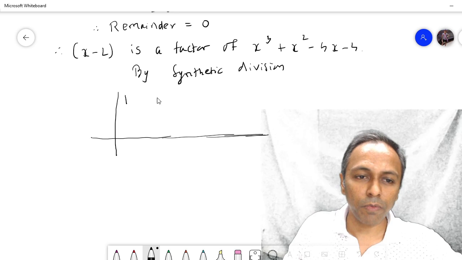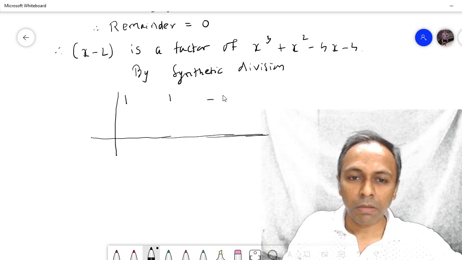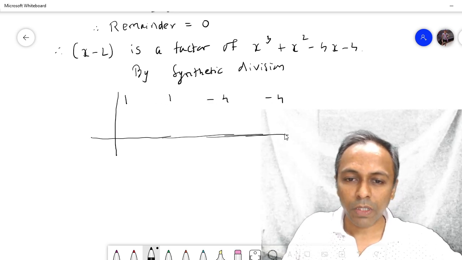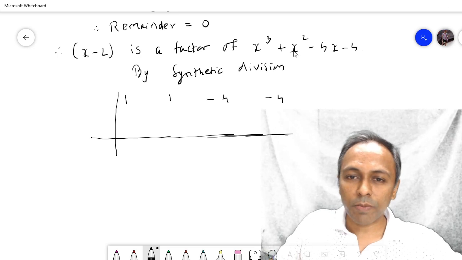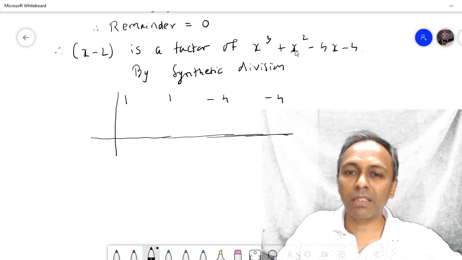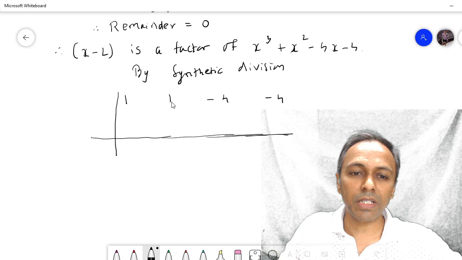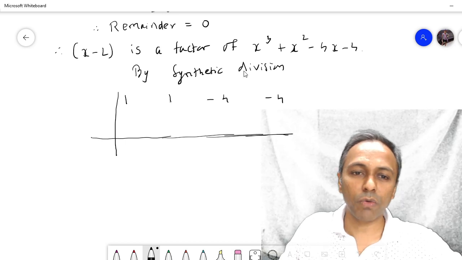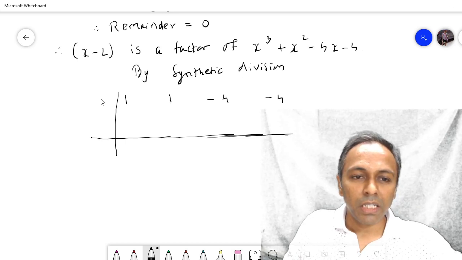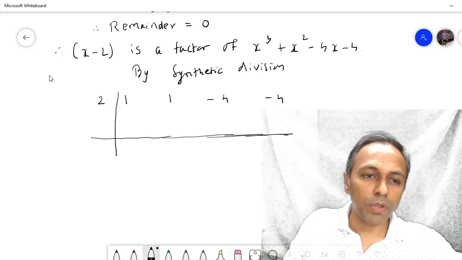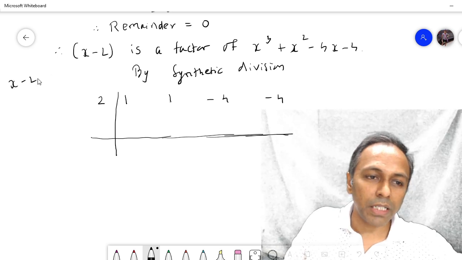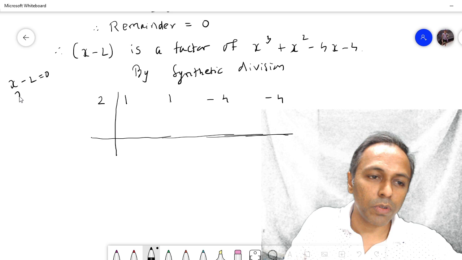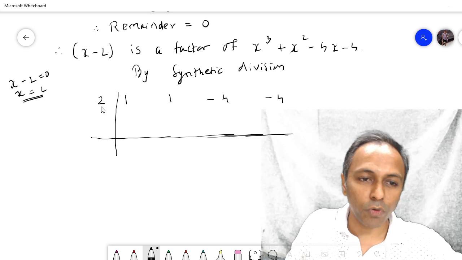Write the coefficients 1, 1, minus 4, minus 4. Suppose the x square term was missing here, then in that place you should have written 0. Right now it is present, so its coefficient 1 came. Which value do you write here? You write 2. What was taught: x minus 2 equal to 0, and the value of x that comes is the value we have to write outside.